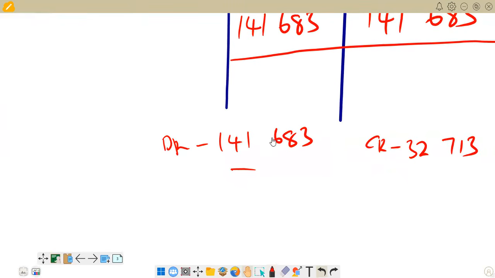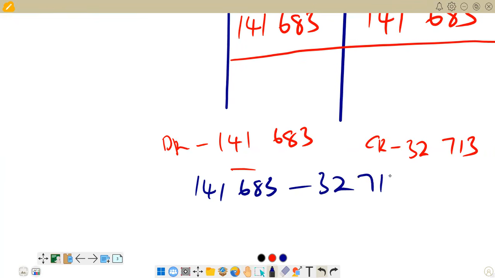So we now say 141,683, then we subtract 32,713. When you do that, you're supposed to get 108,970. So this is the difference between the two sides.